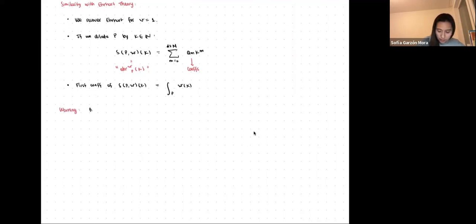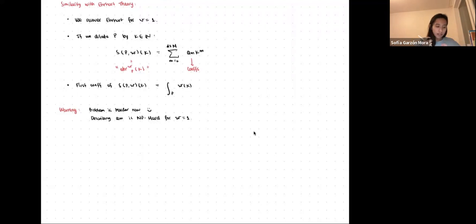The problem is harder now. Which doesn't mean less interesting, but already describing these coefficients a_m was an NP-hard problem for normal Ehrhart theory. So you can imagine how it goes for more complicated weights.